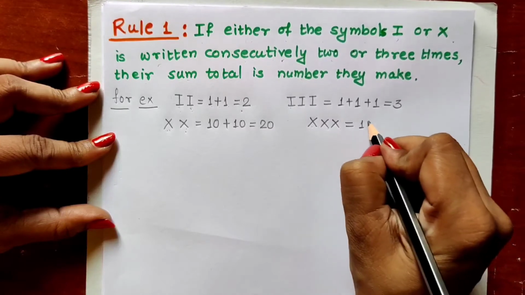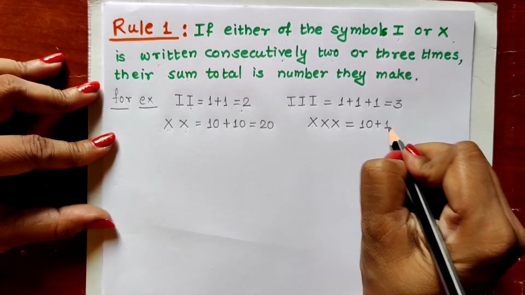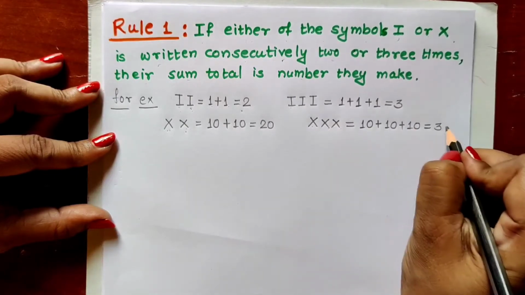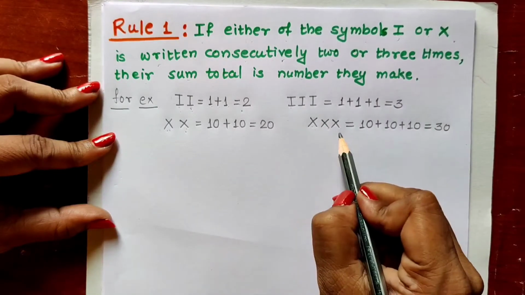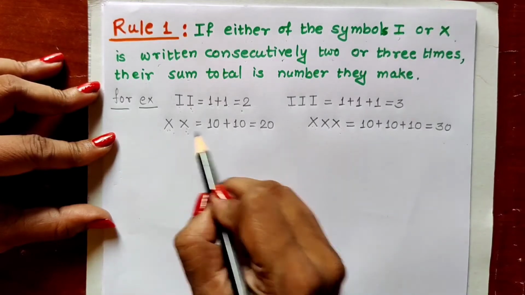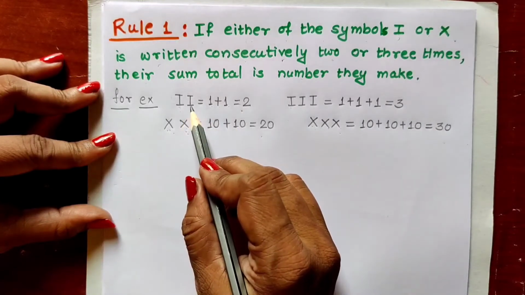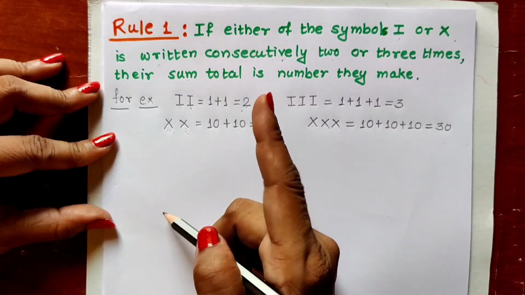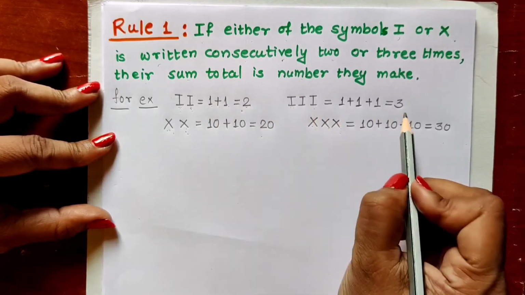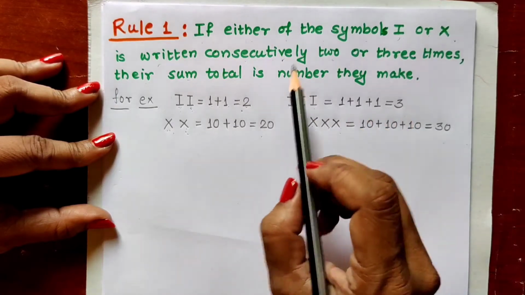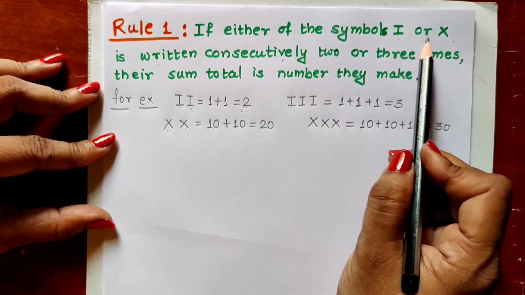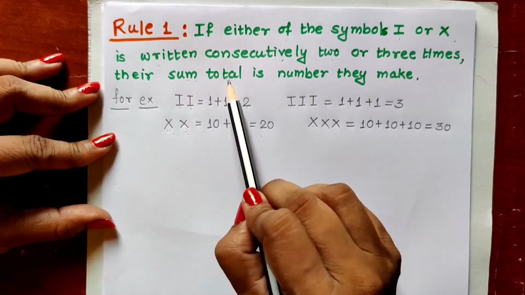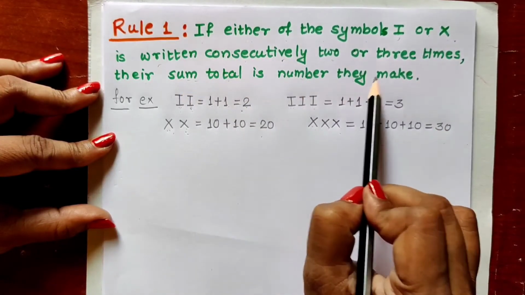That means we will have to add 10 3 times. 10 plus 10 plus 10 will be equal to 30. So 3 times X means 30. 2 times X means 20. 2 times I means 2 because 1 I value is 1. Then 3 times I means 3. So in this way, if we write the symbols I or X consecutively 2 or 3 times, their sum total is the number they make.